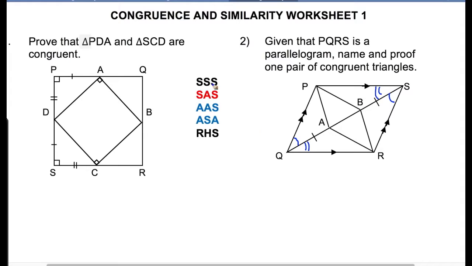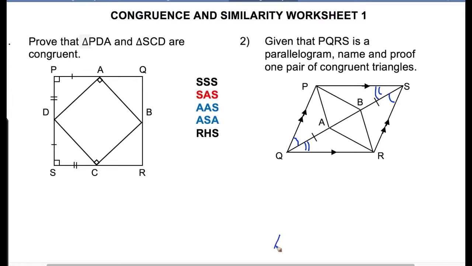And looking down the line, the rule to use is either angle, angle, side, or angle, side, angle. Now, we also notice that both triangles share the same side, QS, and this side is between the angles. Thus, we will choose this rule, which is angle, side, angle.